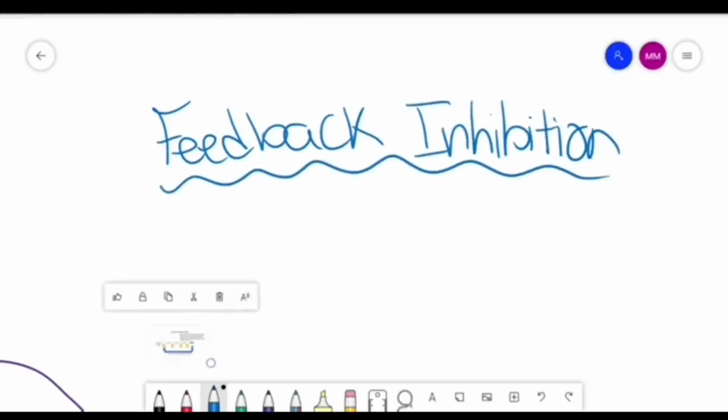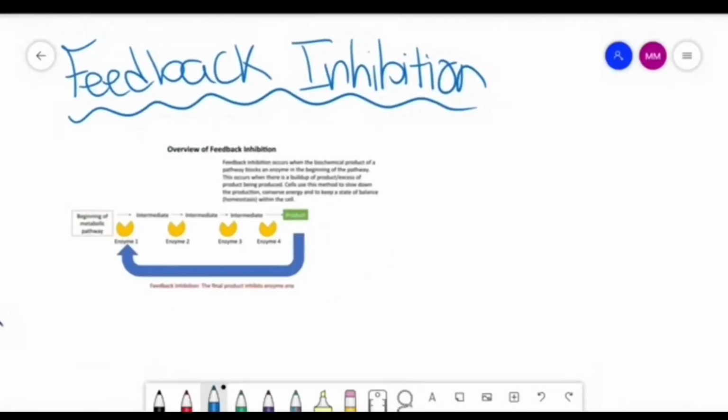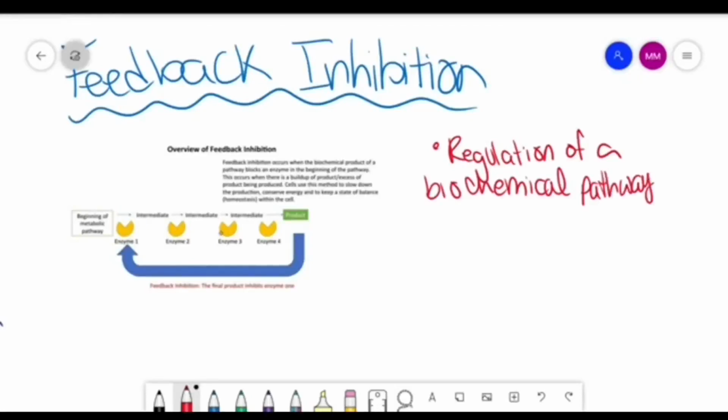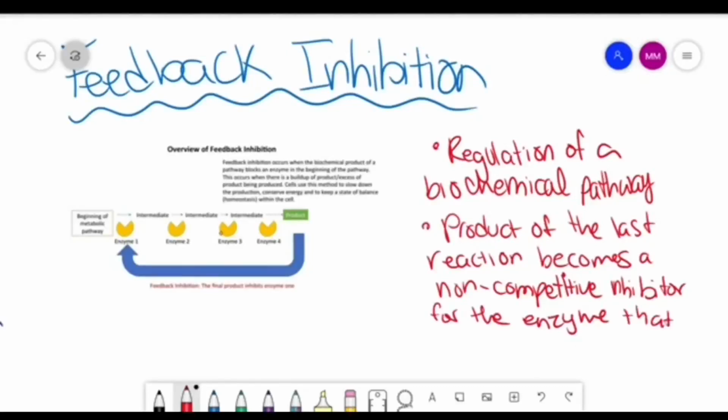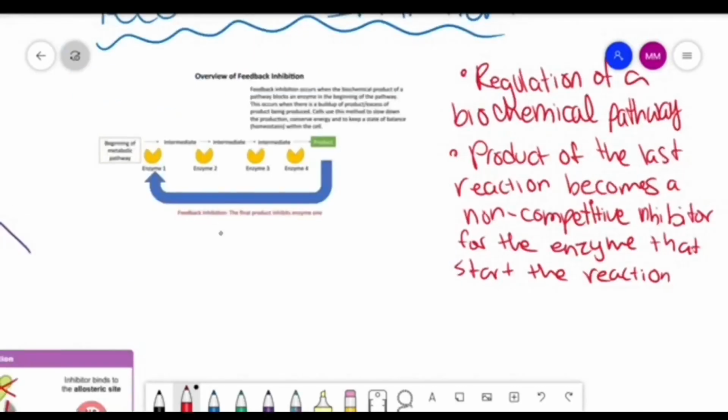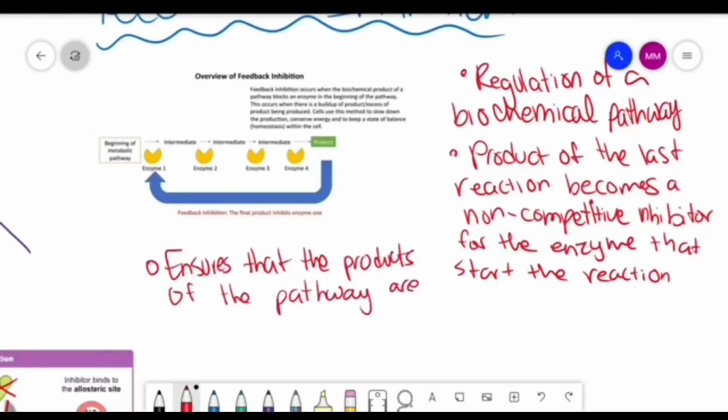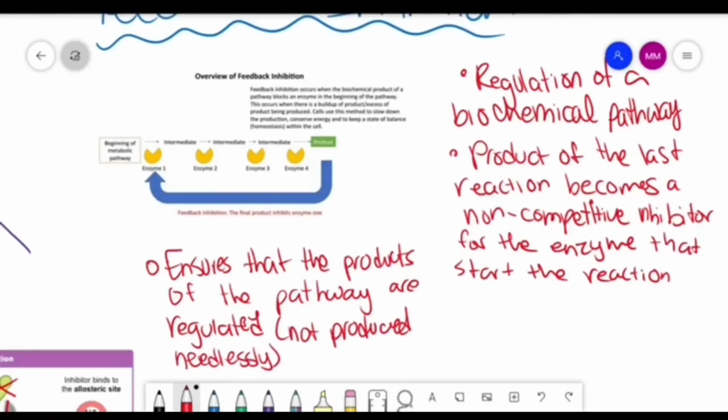Feedback inhibition is another type of regulation for enzymes. In this case, the product of the last reaction acts as a non-competitive inhibitor to the first part of the reaction. This is a way to ensure that the products of the pathway are regulated so they're not produced unnecessarily.